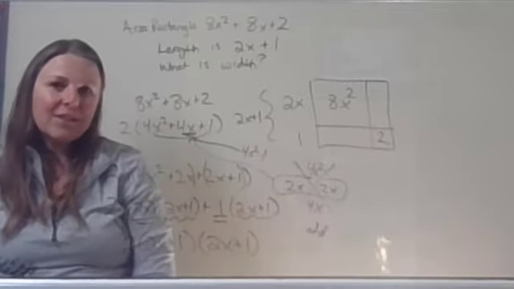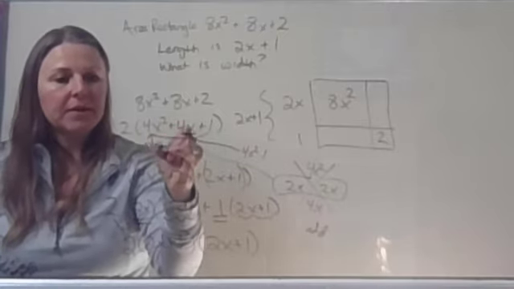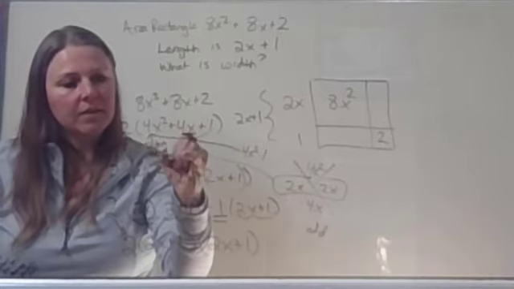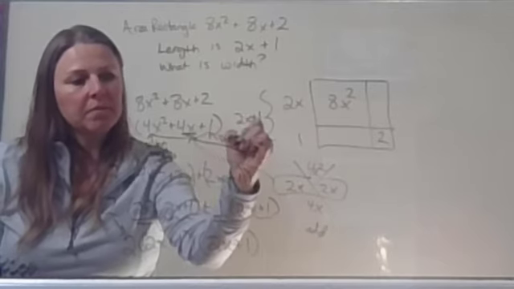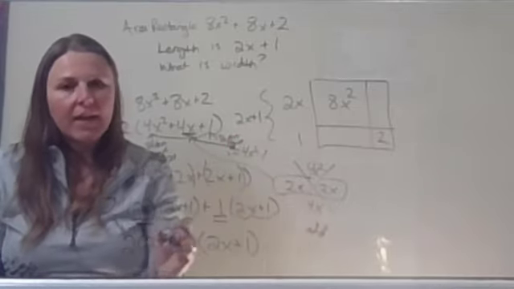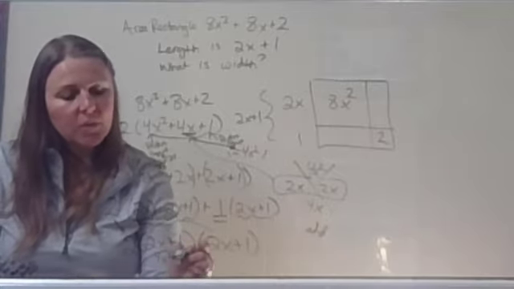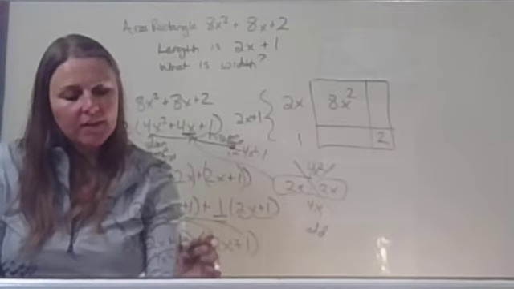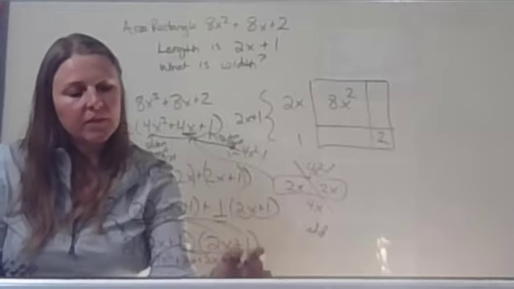So this is actually something special. It's called a perfect square. And this is a perfect square number. It's 2x times 2x. And this is a perfect square number. 1 times 1. And if you think about how you check this, this is 4x squared, 2x times 2x, and then this is 2x times 1, and this is also 2x times 1, and then the last one is 1.